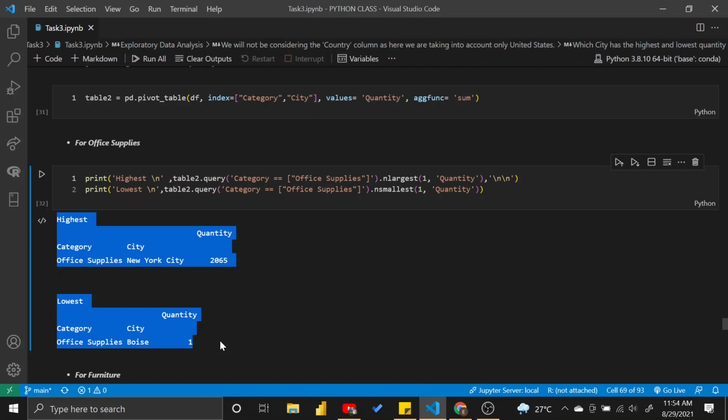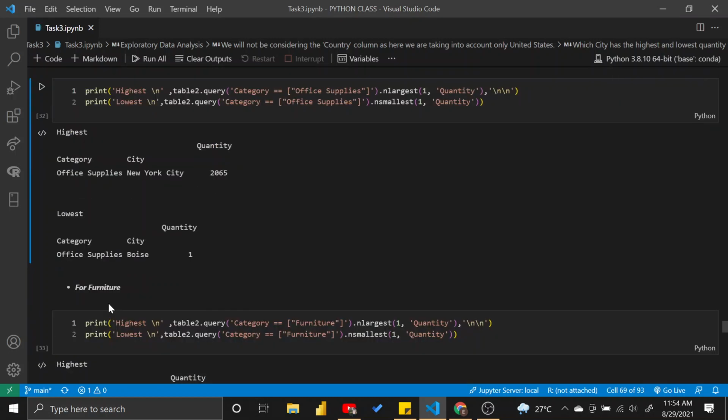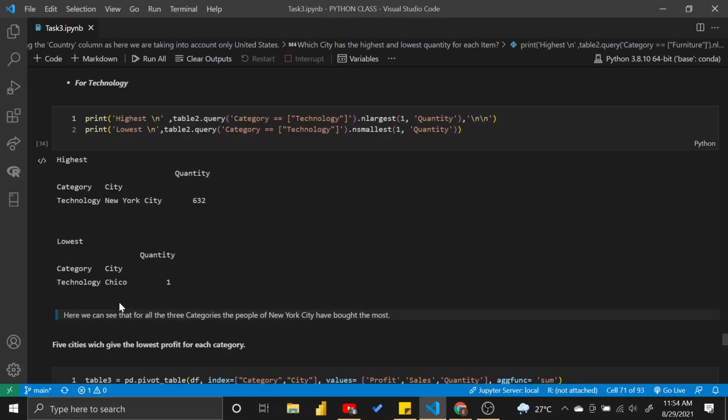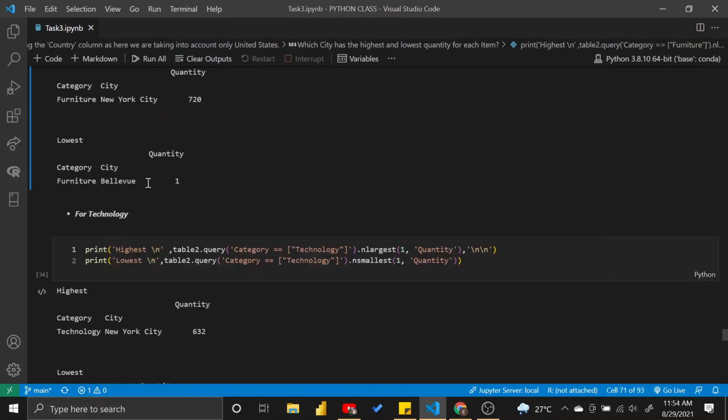For furniture, we have New York as the highest, and Bellevue, I'm not entirely sure how to pronounce that, with one. For technology, I have New York City as number one and Chico with one. In all these columns, the lowest quantity being bought is one.